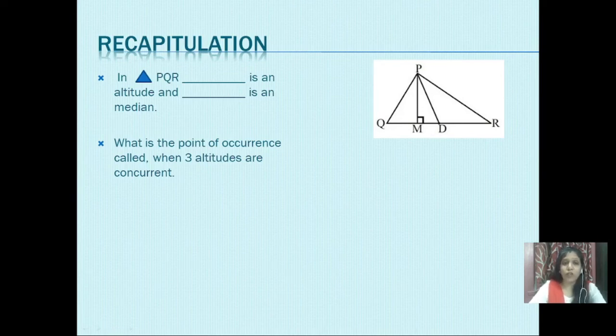What is the point of concurrence called when three altitudes are concurrent? I hope you all know this answer. It is called the orthocenter. What is a centroid? When all the three medians are concurrent, that point is called the centroid of the triangle.